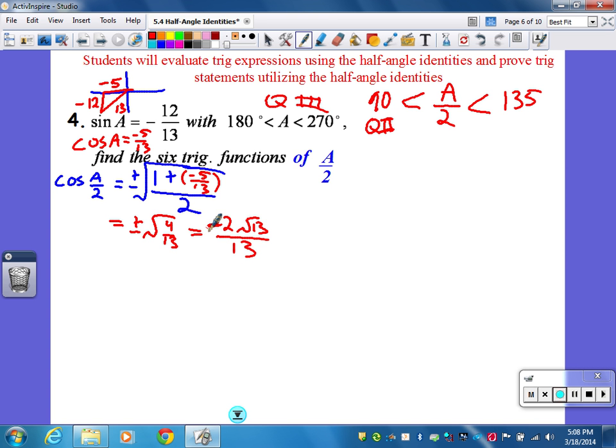Now let's do sine right away. Sine of A over 2 is equal to plus or minus the square root of 1 minus sine A, so it's going to be 1 minus negative 12 over 13, all over 2. Do the math on the inside now. You get plus or minus the square root of 25 over 26.